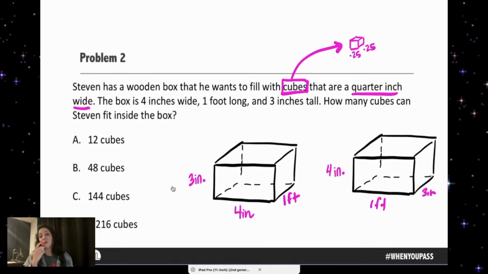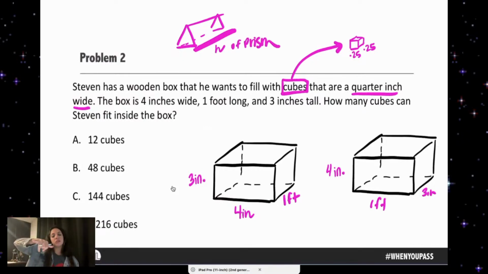In this situation, it does not matter because they're all rectangles. If it was a triangular prism, it would matter because technically this distance right here is the height of the prism because it's the distance between the two bases. But because volume of a rectangular prism is length times width times height, it really doesn't matter what order you put them in. So I'm going to go with this one right here.